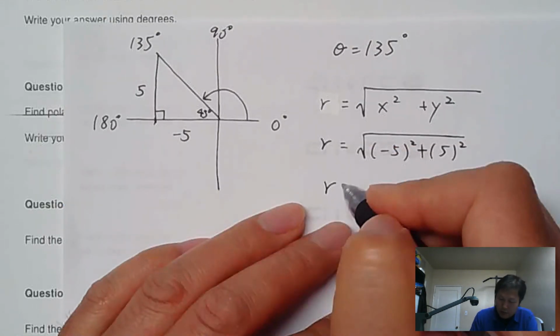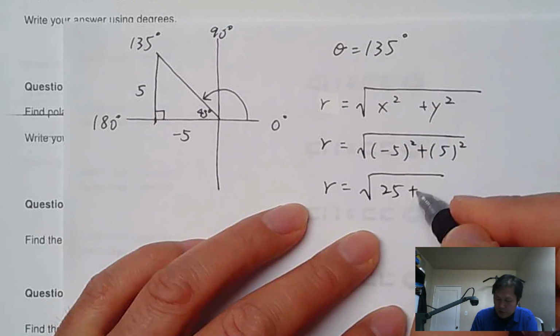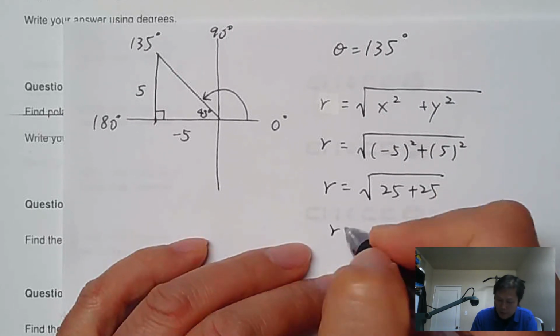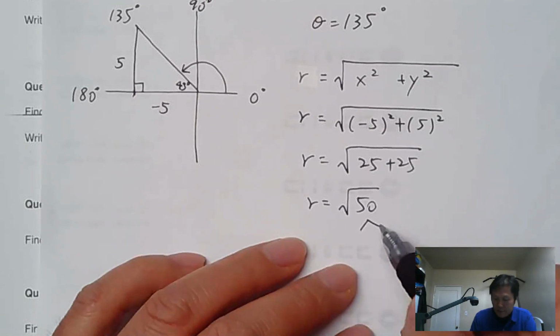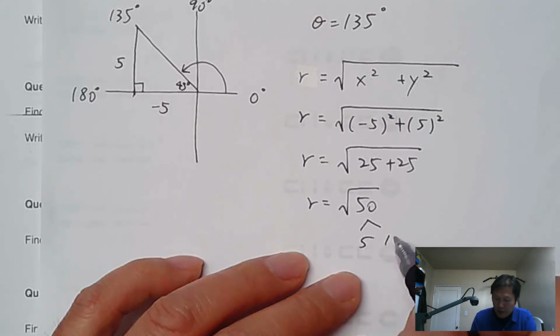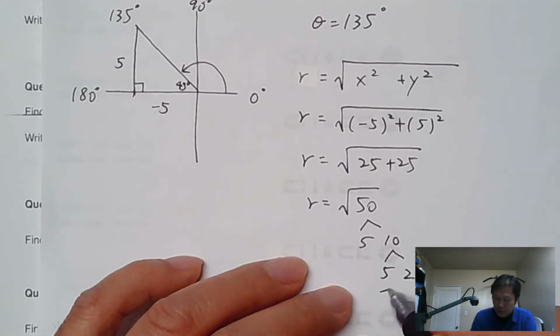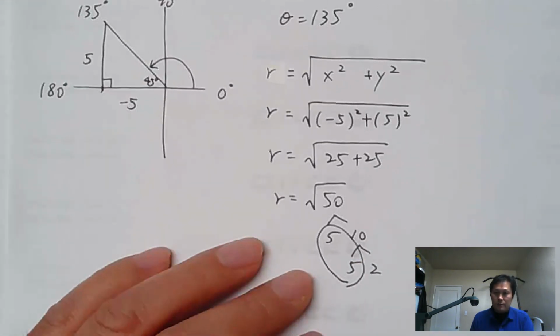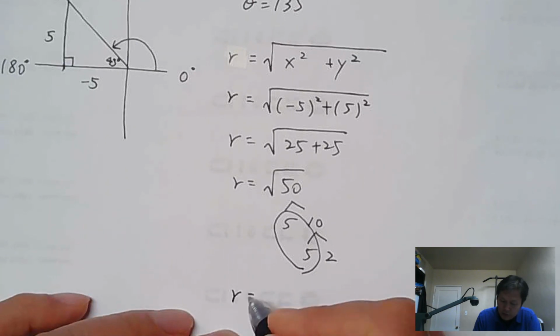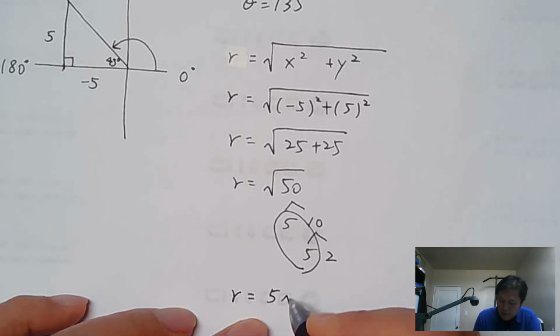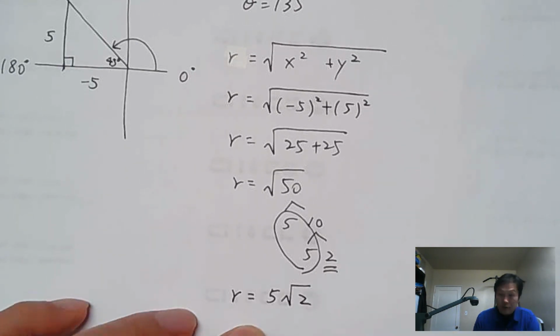So r is going to be the square root of 25 plus 25. r equals square root of 50. You want to simplify. 50 is going to be what? 5 times 10. 10 is 5 times 2. We have a pair of 5s, so it comes out of the root. So it becomes a 5 outside, and the only thing left inside is the square root of 2.